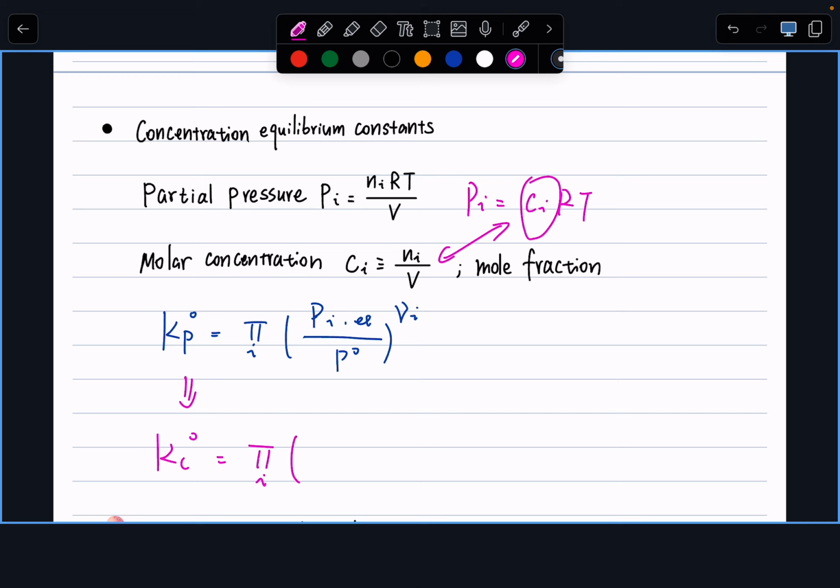That's the product of my Ci at equilibrium divided by my standard molar concentration to the power of the stoichiometric coefficient, where my C naught is 1 mole per liter. Nothing fancy, just to show you there are different versions of the equilibrium constant.